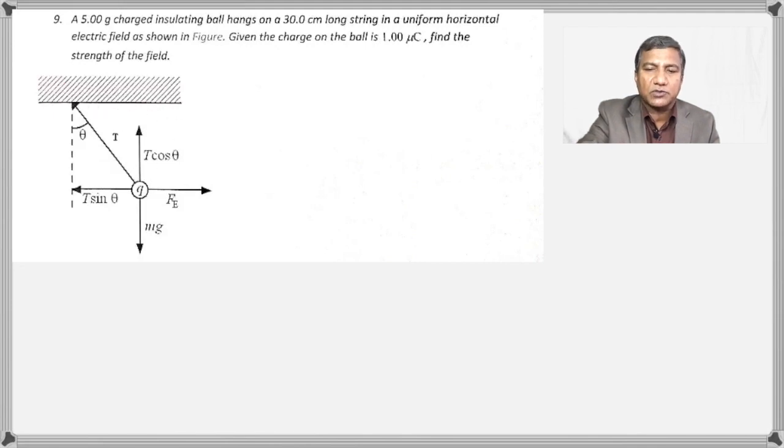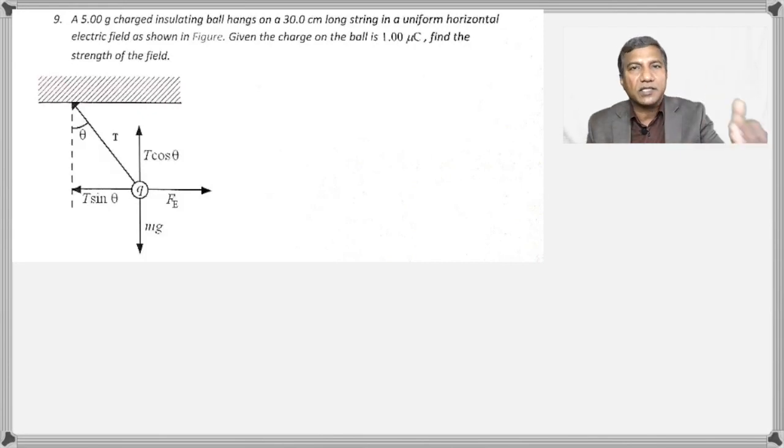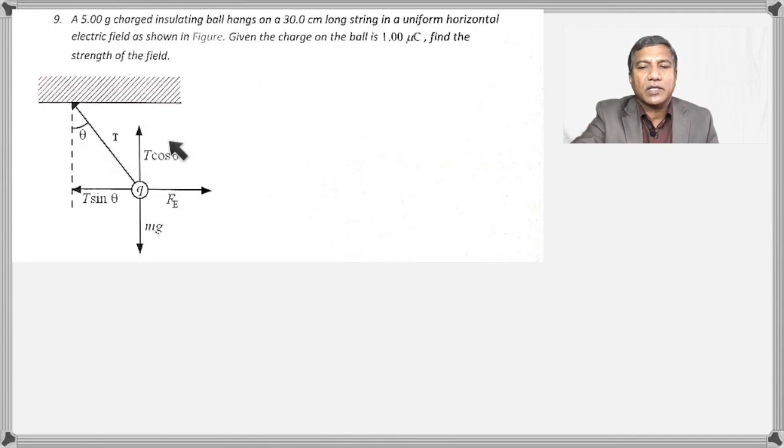When you set up the triangle, you're going to get the same angle here, theta, and this becomes the adjacent side, while this becomes the opposite side. The opposite side is sine theta, the adjacent side is cosine theta. You should know this from semester 1. So now you have T cosine theta, which should be equal to mg, and you have T sine theta, which should be equal to the force due to the field.